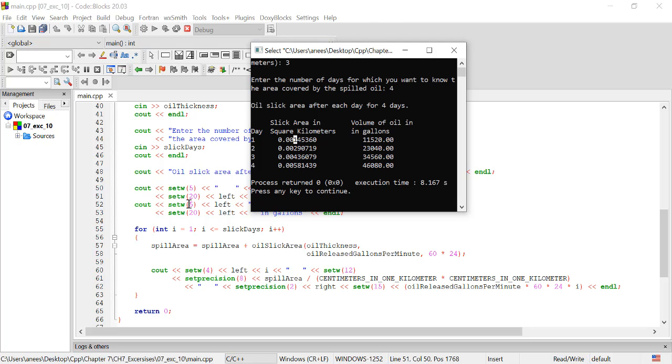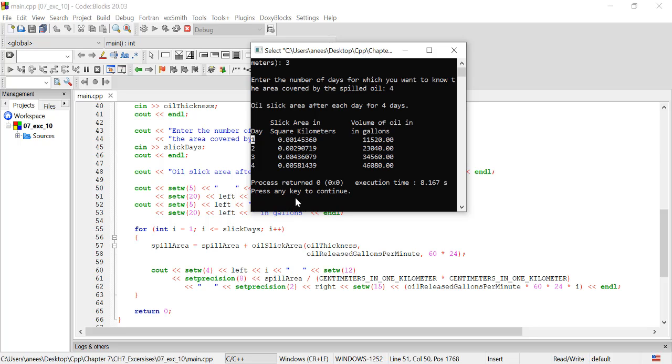Now, see right here, we put set W4, which places whatever is the day right here. And we also made sure to center it left before typing in any values.